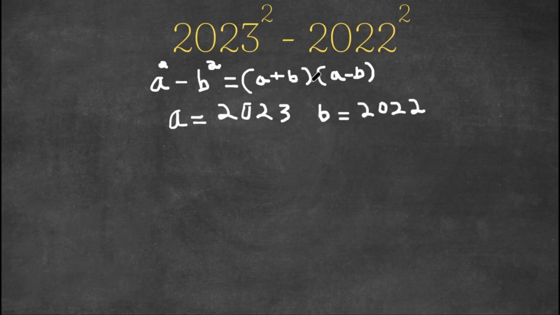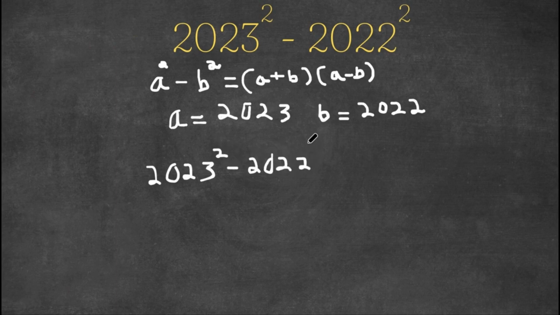So to solve this problem, we simply have to plug in a and b into our equation here. So a squared minus b squared equals a plus b times a minus b. Well, a is 2023, so we have 2023 squared minus 2022 squared is equal to a is 2023, so 2023 plus b is 2022.